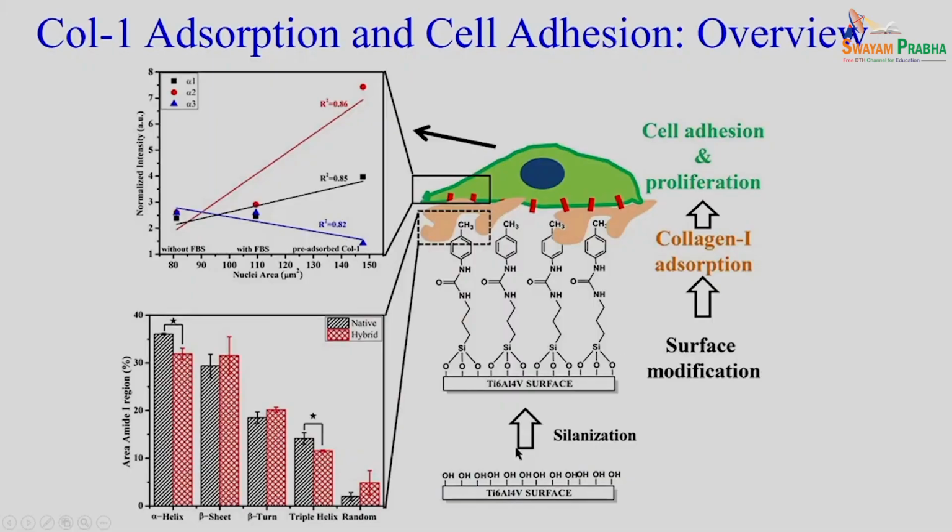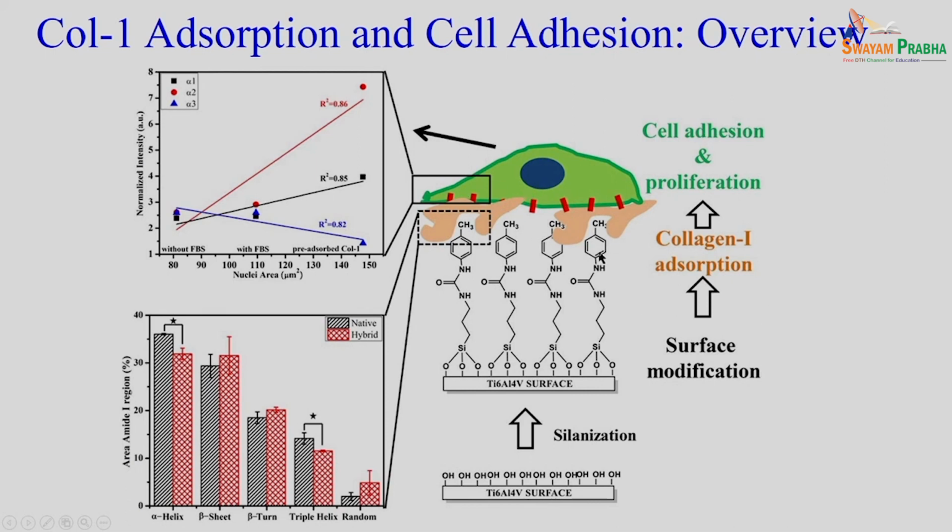So, what it says is, you have an implant surface, which we can modify by silanization, and then we can have the adsorption of the adhesive protein. Here we use collagen.